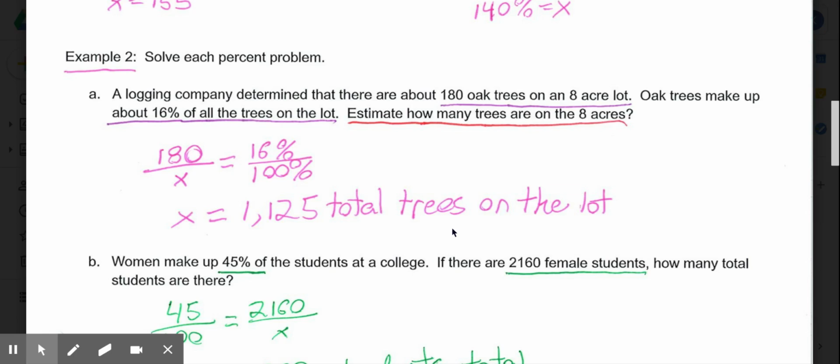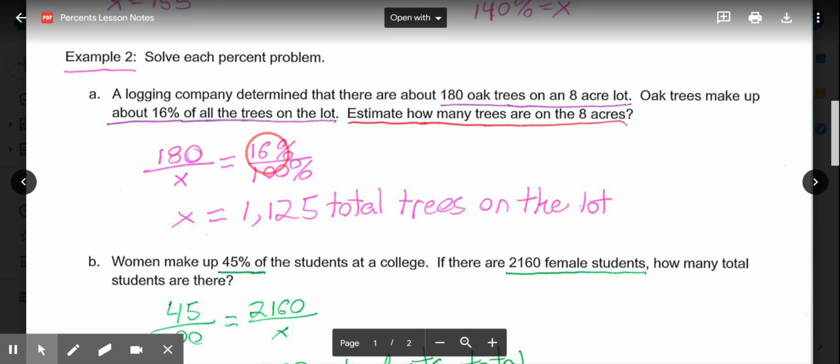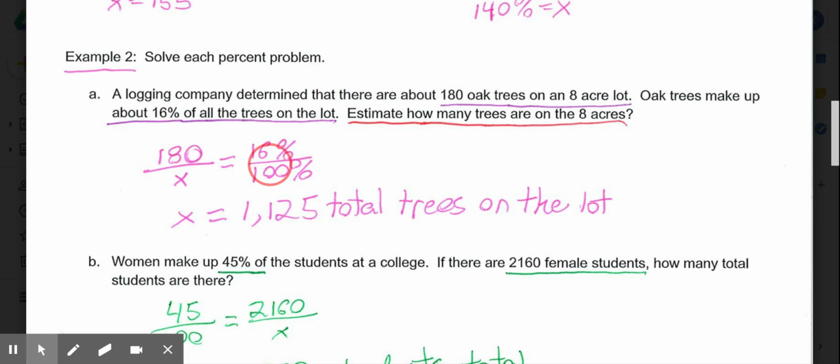So they gave me the percentage of trees. Estimate how many total trees are on the 8 acres. So we know, in this case, we knew the 16%, and that went over 100 because percents are always out of 100.